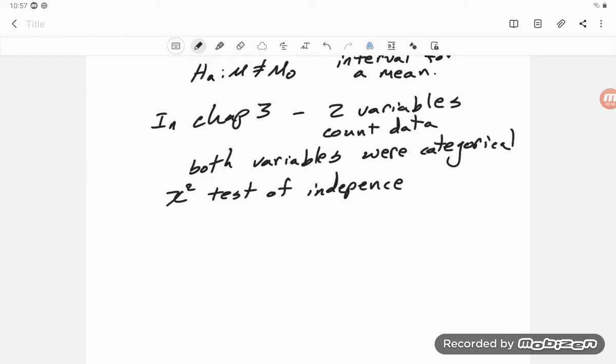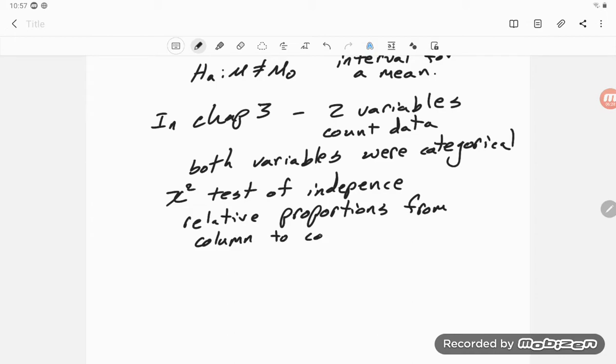Now we could use row to row, but I'm going to say column to column. So it wanted to look at those relative proportions from column to column.